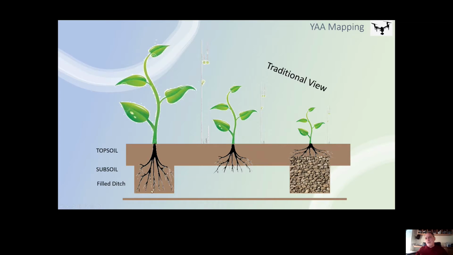Any plant lucky enough to start growing over that will have extra depth to establish a strong root system, and that will support much better growth in the green part of the plant. Normally, the roots will penetrate into the subsoil to a greater or lesser extent, but a plant growing in normal topsoil and subsoil won't be as good as the one that's got all this lovely filled ditch to grow into.